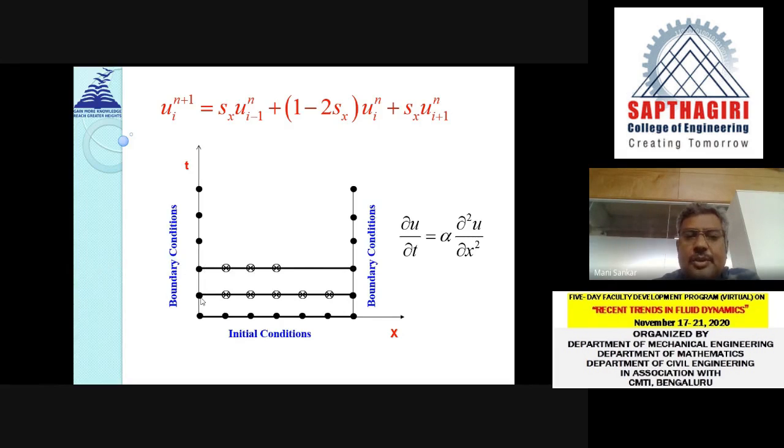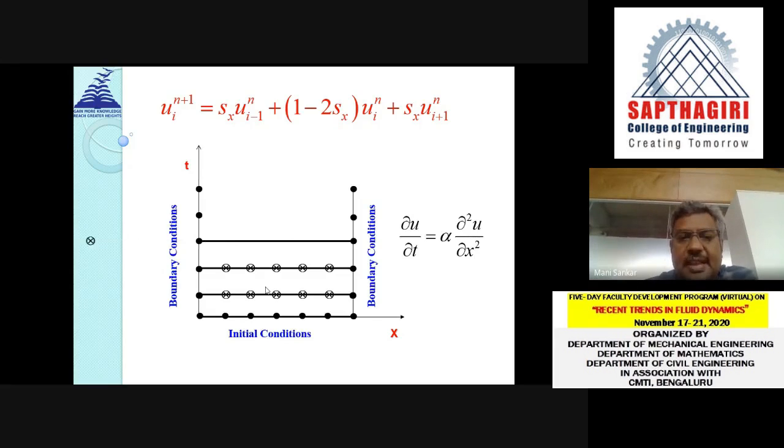When I complete this level, I complete one time level, and then I'll go for the next time level. Once I complete the next time level, I'll compare that current level with the previous time level, and if the difference is less than the pre-specified tolerance value, I'll stop my calculation and I claim that I have reached the steady state.